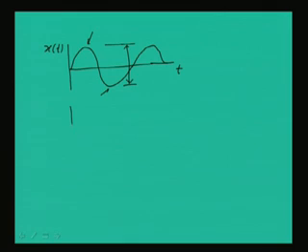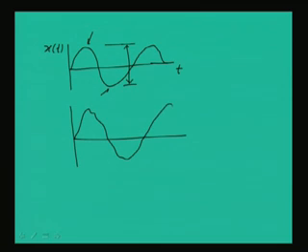Then if we have a signal which is not so perfect, maybe it is something like this, and which repeats after a certain duration. So, in this case, one way is to get the peak to peak, maybe this is one peak, this is another peak.